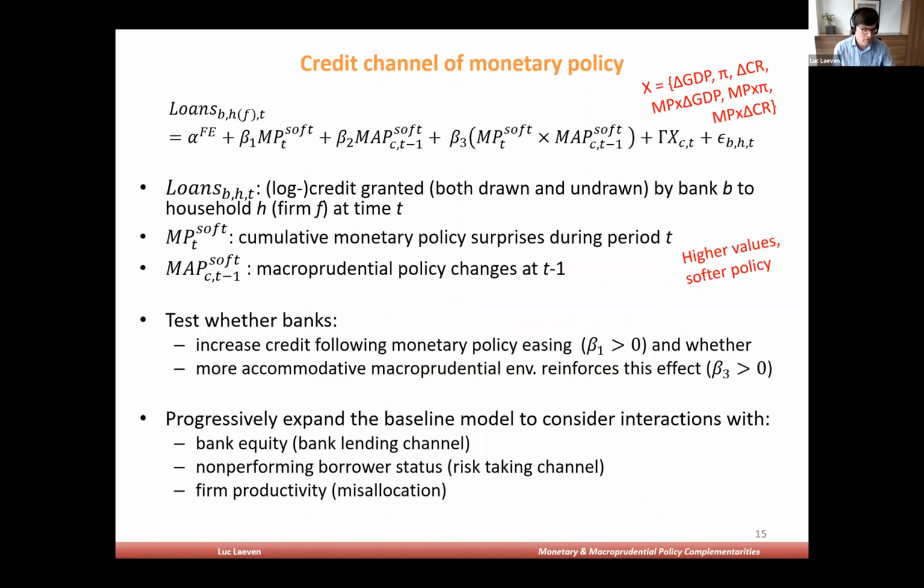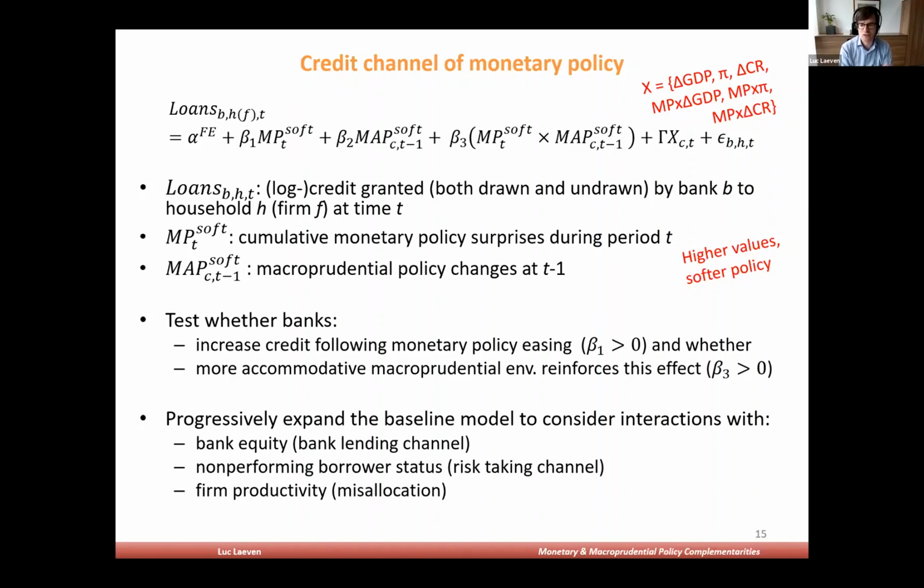So then in terms of our empirical analysis, what we basically do is we run regressions of the following type. Our outcome variable of interest is credit, as I said, which we measure as the log of credit granted by a particular bank B to a particular household H or firm F at a particular point in time T. And then the two variables of interest are this cumulative monetary policy surprise, MP, or the macroprudential policy change over the previous periods.